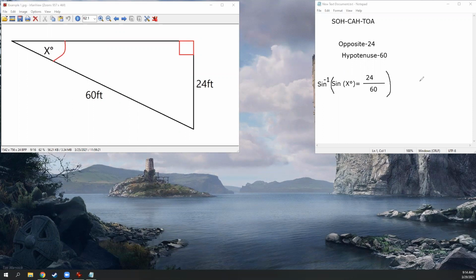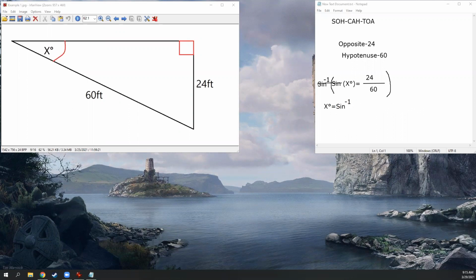Just like when you square root, you square root the whole equation, and then it cancels out on one side. Here, the inverse sine and the sine cancel. But just like distribution, you have to transfer it to the other side. So you've got x degrees equals sine to the -1 power.